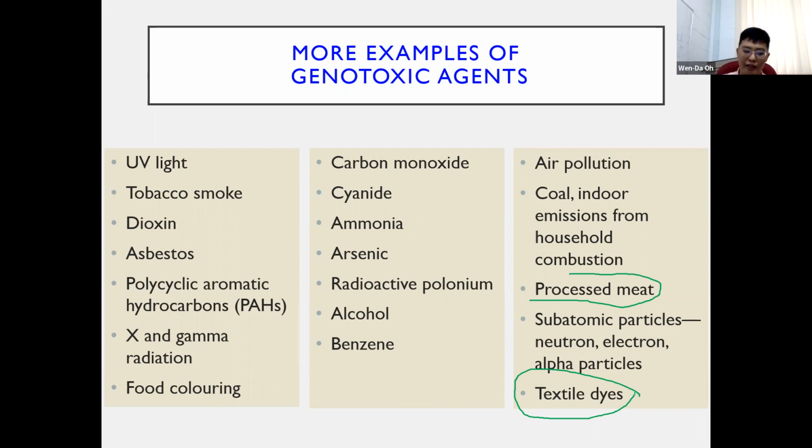So some people open up a factory and then they use low quality dye. Most of these kinds of dye are quite dangerous because they contain genotoxin, or they themselves are genotoxin.